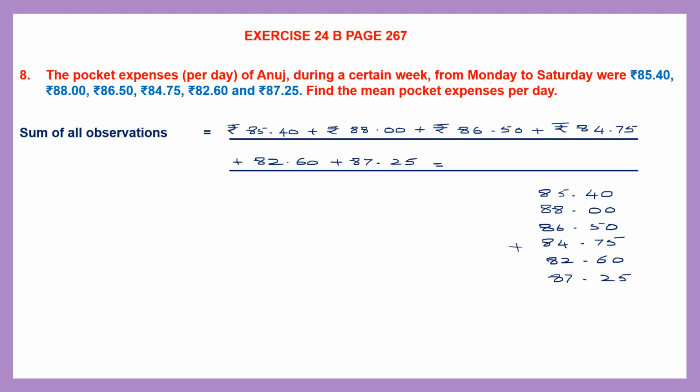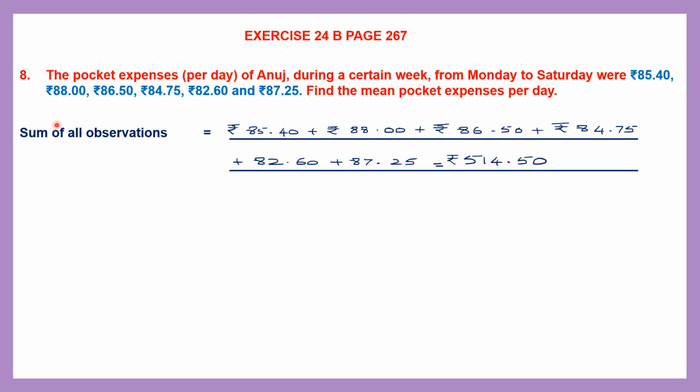Now when you add up all these, you get 514.50. Remember to arrange your numbers in order and add it up. So the sum of all the observations is rupees 514 and 50 paisa. This is our first step, sum of all observations.